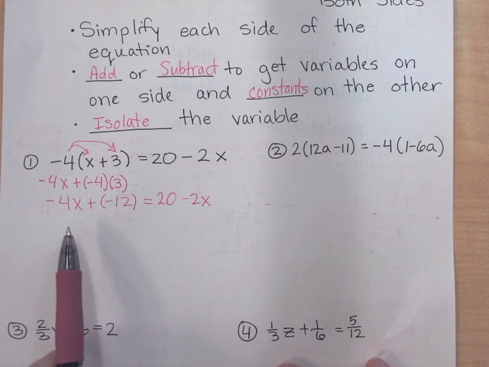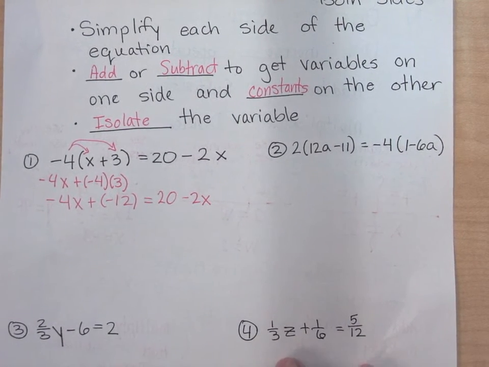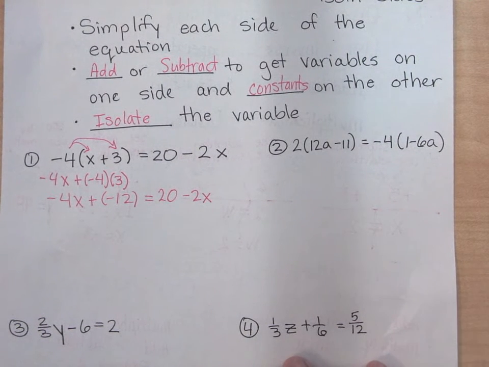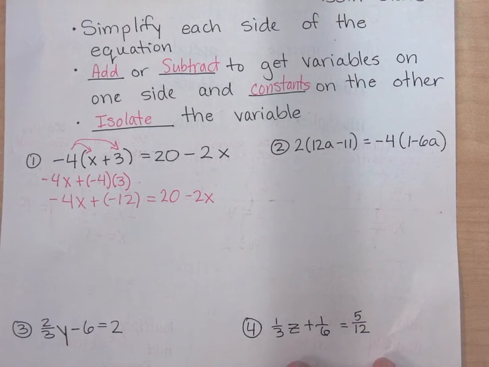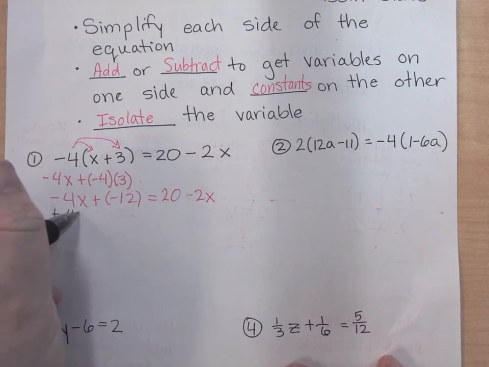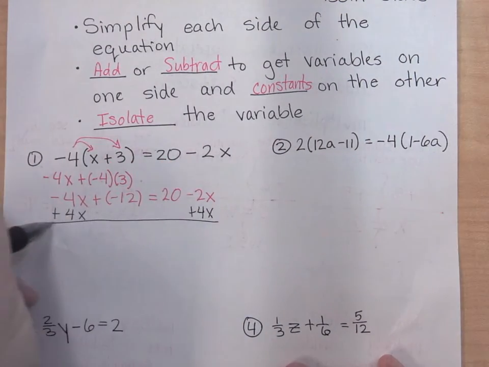Alright, so do I want to get rid of this negative 4x or the negative 12? The negative 12? No. The negative 4x? Yeah. It doesn't matter. To get rid of a negative 4x, what do I need? Add it. So I'm going to add 4x to both sides. Okay.